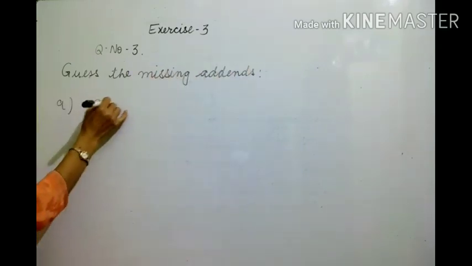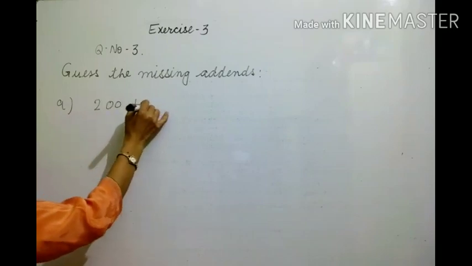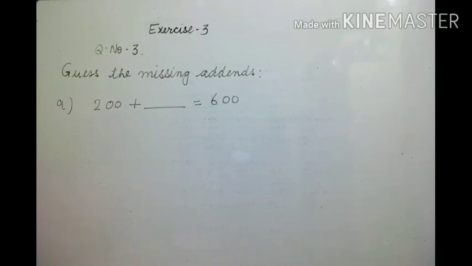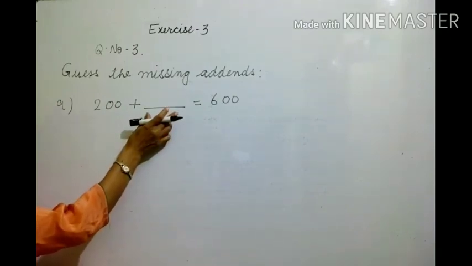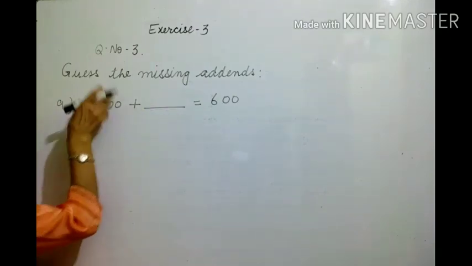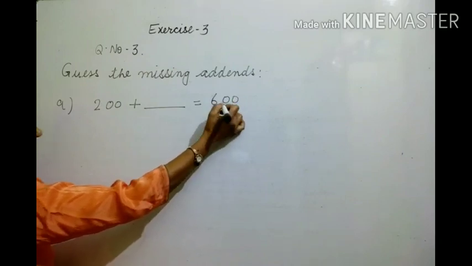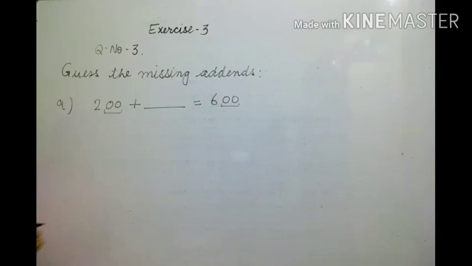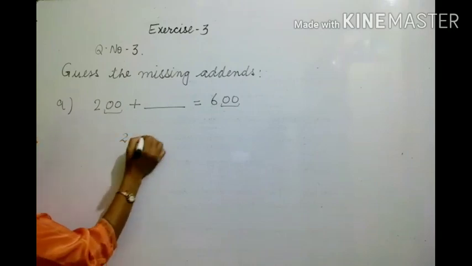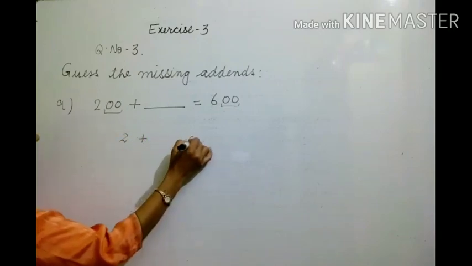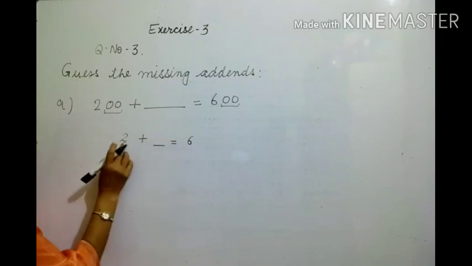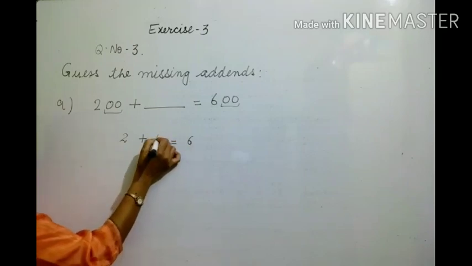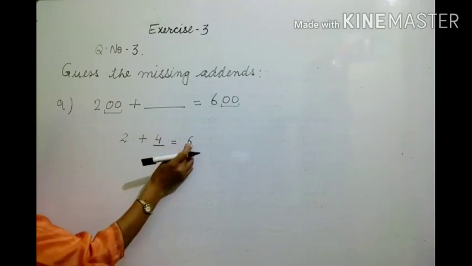A part: 200 plus something, the answer will be 600. What value will we add to 200 to get 600? As both the numbers have 2 zeros at the end, we will see what to add to 2 to get 6. 4: 2 plus 4 will be 6.